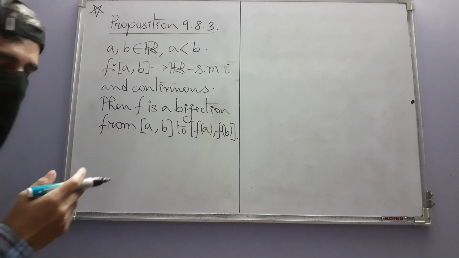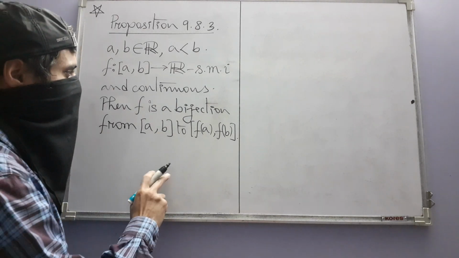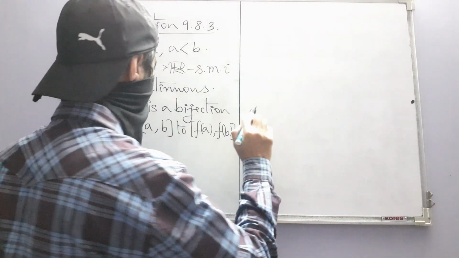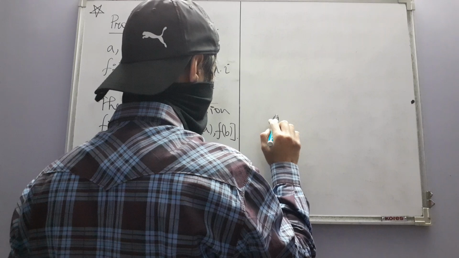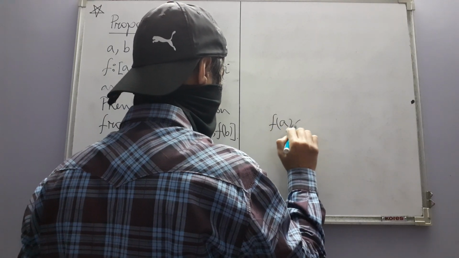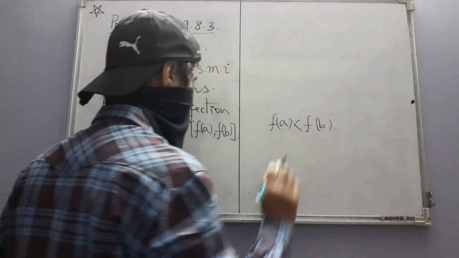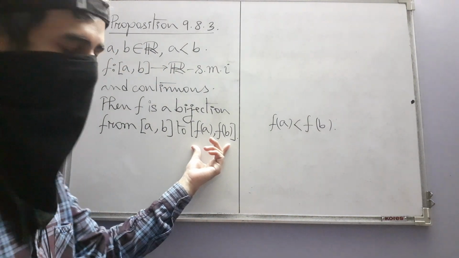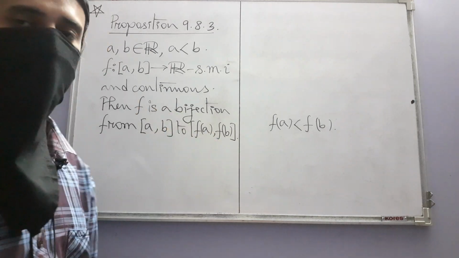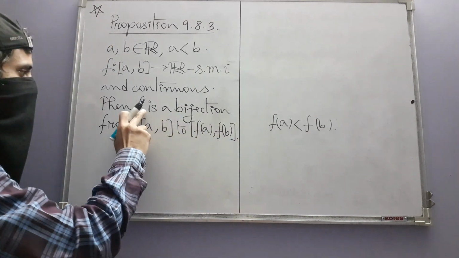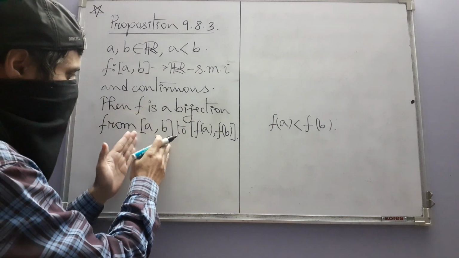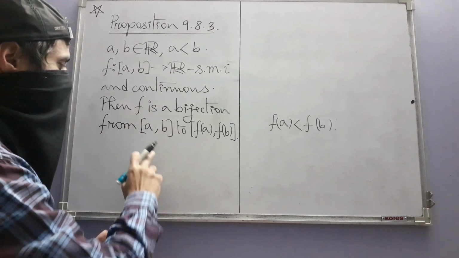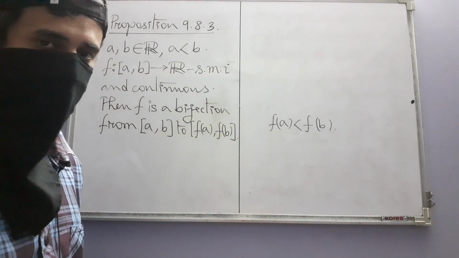You can already see something: because the function f is strictly monotonically increasing and a is less than b, f(a) has to be strictly less than f(b). So this is a non-empty, non-trivial closed interval, and f is a bijection from this interval to this interval. In other words, f is a one-to-one function from this interval onto that interval.